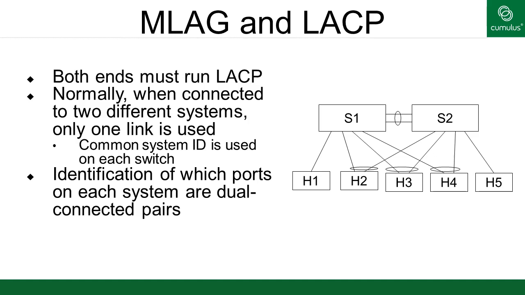The other link would not be used because it's not connected to the same system. So what MLAG does is assign the same system ID to switch 1 and switch 2, so that when H2 talks to the two top-of-rack switches, it looks like they're the same switch. As far as LACP is concerned, on H2, it's the same switch.